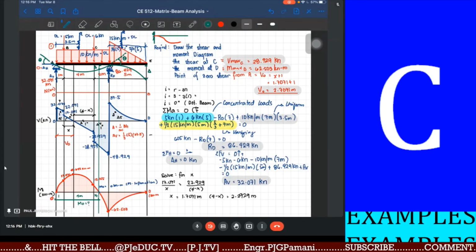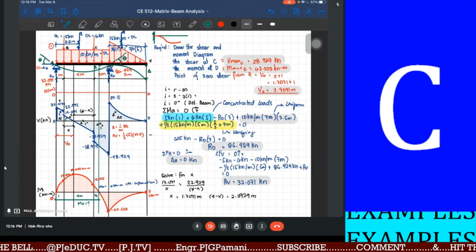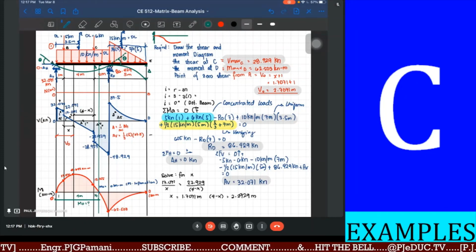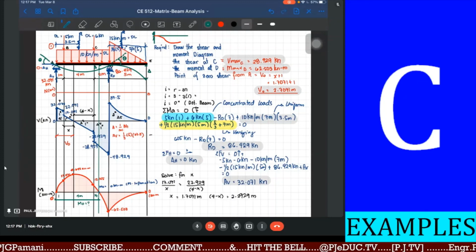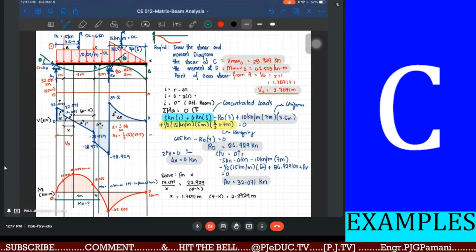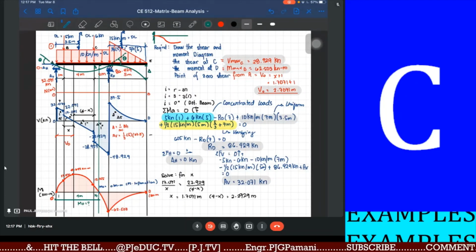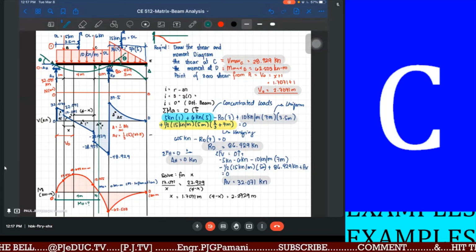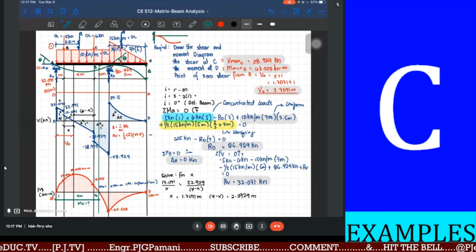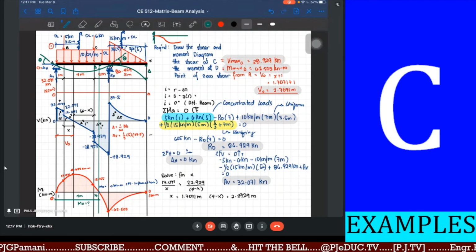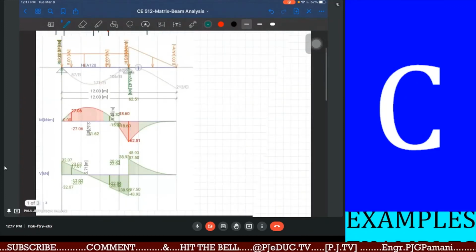Okay? Then later on, what will be the location of your point of inflection coming from point A or coming from point D? Kailangan yung isolve yan. Then the point of zero shear and the shear at any given point along the span of the beam. Same goes dun sa ating next example.